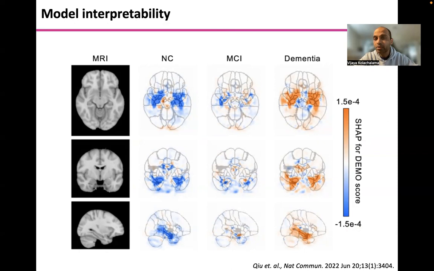And these regions were classically known to associate with disease such as hippocampus, amygdala, entorhinal cortex, etc. So these kinds of interpretability techniques allow us to, again, get confidence that our model is doing something reasonable and it falls within the expected clinical observations that people have already known. So this is, again, reassuring for us.